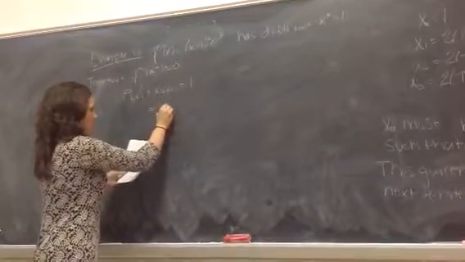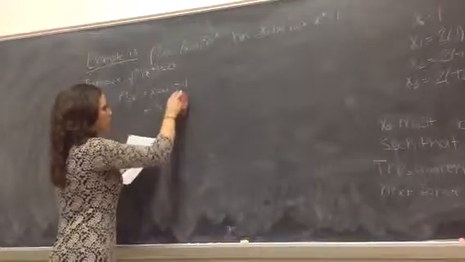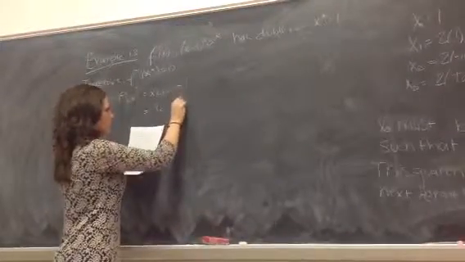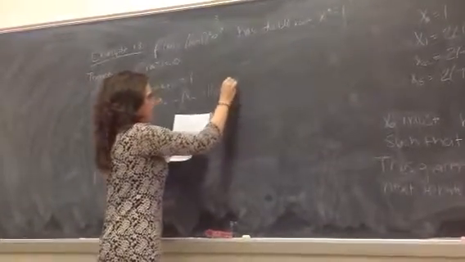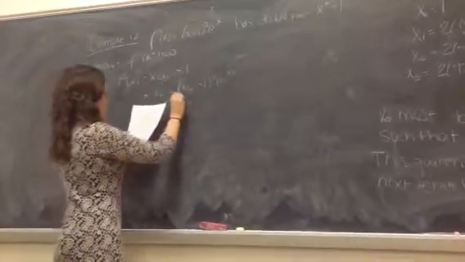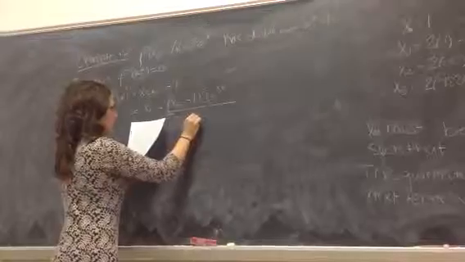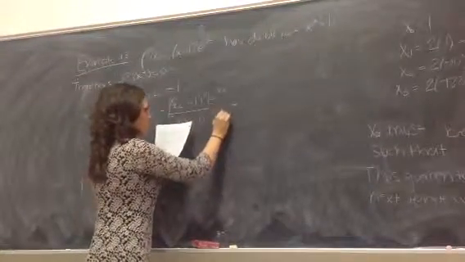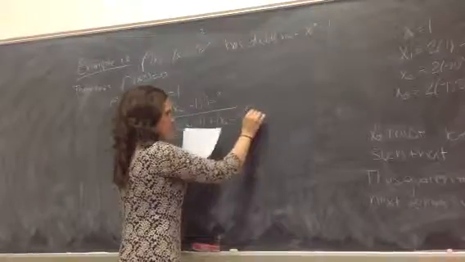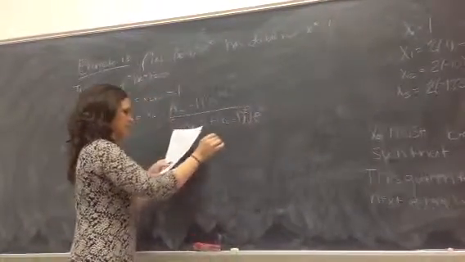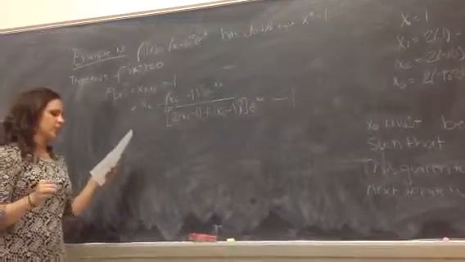Now we've got x_k minus f of x_k, which is just (x_k minus 1) squared e to the x_k, all over f prime at x_k, which is 2(x_k minus 1) plus (x_k minus 1) squared times e to the x_k, and then all minus 1. Okay, so this is our expression for x_{k+1} right here.